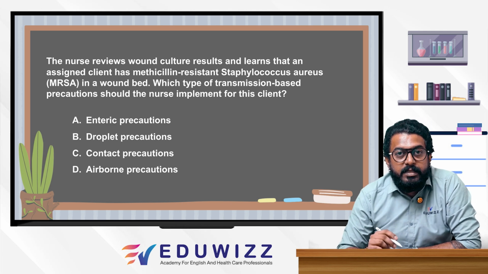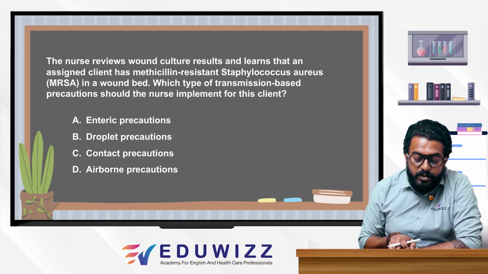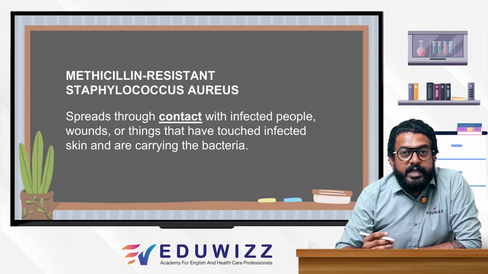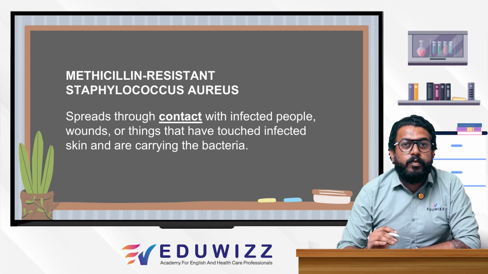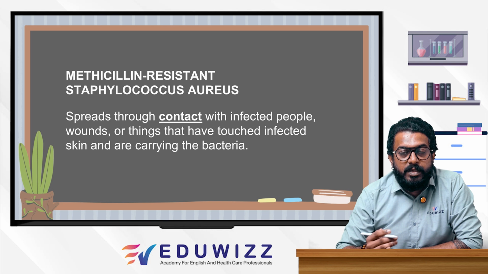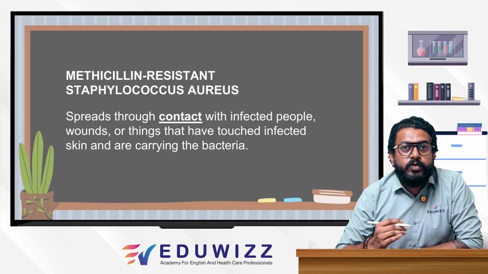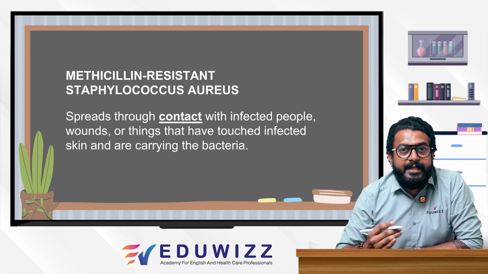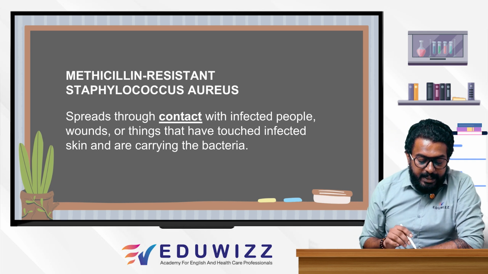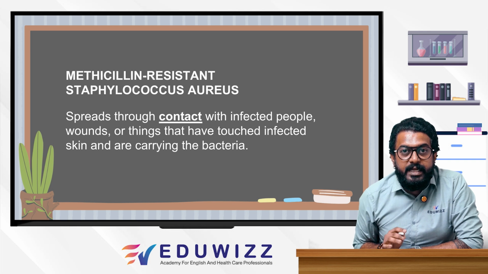So, what is MRSA or methicillin-resistant Staphylococcus aureus? MRSA is a wound infection, a common postoperative wound infection. It is commonly seen after surgery, and it is also commonly seen in athletes or sports persons. The important point is that it is a wound or skin infection.